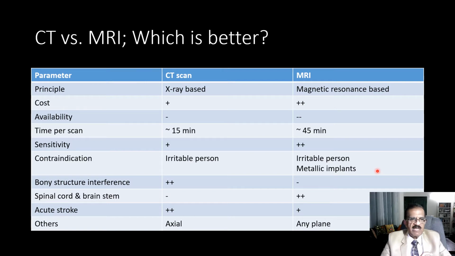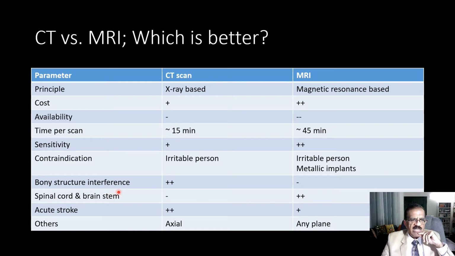For example, somebody having a pacemaker, that could be displaced and could lead to serious consequences. So whenever you go for an MRI, the technician will ask you if you have any metallic implants.